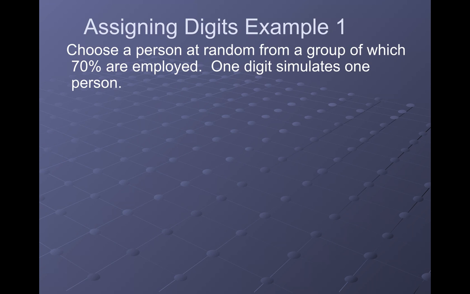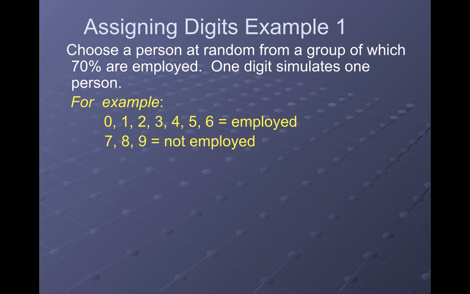So I just wanted to give you an example of how we can use assigning digits. Choose a person at random from a group of which 70% are employed. One digit simulates one person. Notice in our number system, we have 10 digits, 0 through 9.